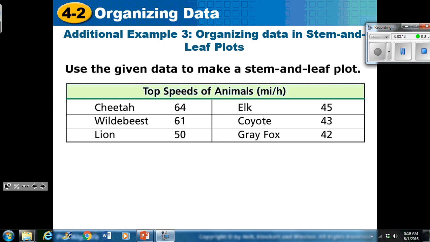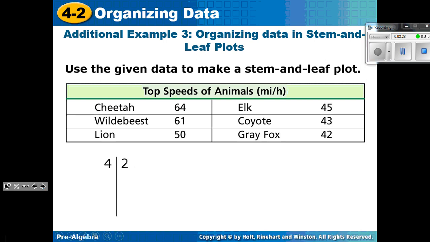So then of course you're going to have to know how to actually create a stem and leaf plot as well. So here you've got your data set. Notice that they were kind enough to put the numbers in order for you. So you're going to want to look at the tens place here, and you can see that they go from 40s to 50s to 60s.